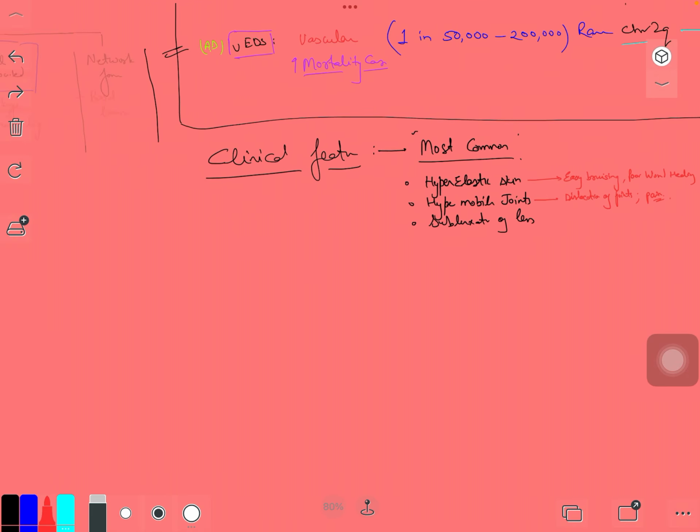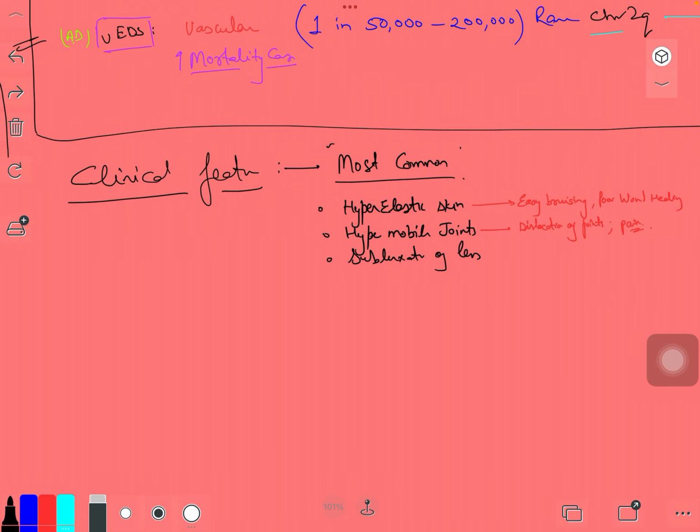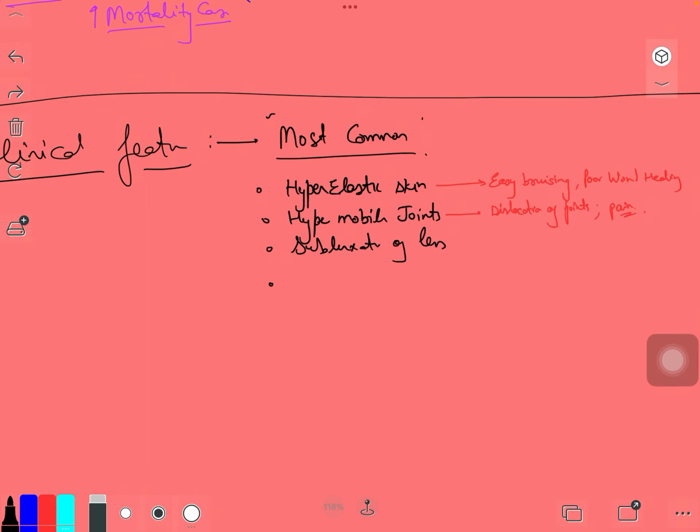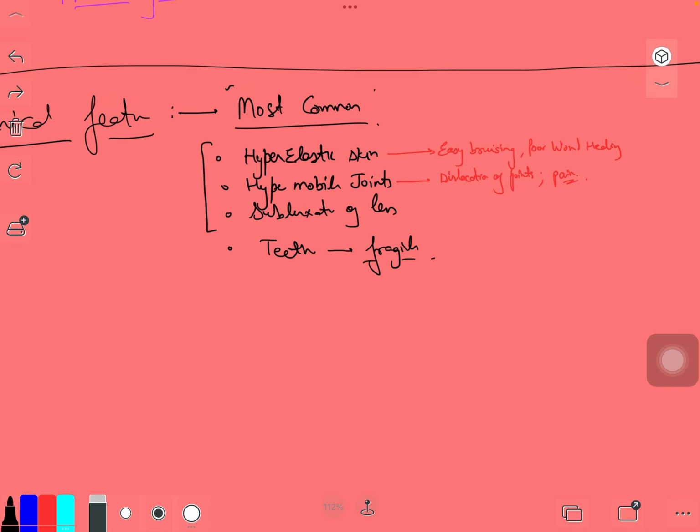Right. Apart from all these three, there's also one more point we can add, which can be common, which is the teeth. These teeth are actually fragile in nature. So these 3-4 important points, at least remember these three. These three are very, very important. You can just say it is a triad. However, it's just my triad.